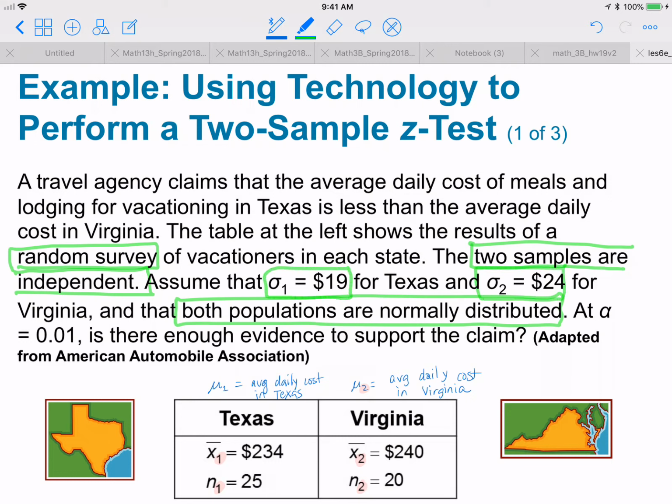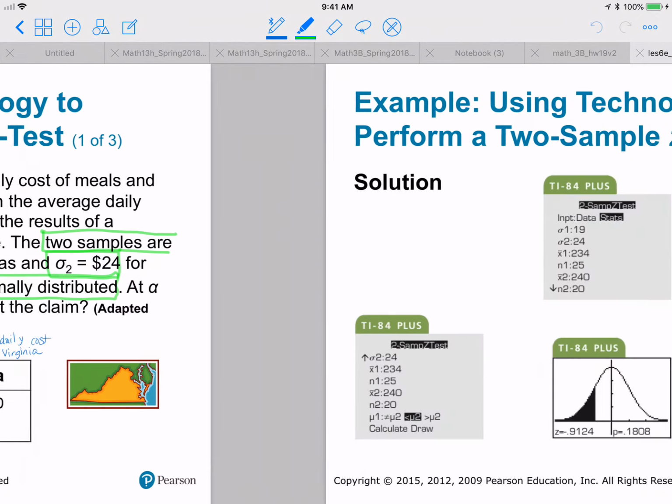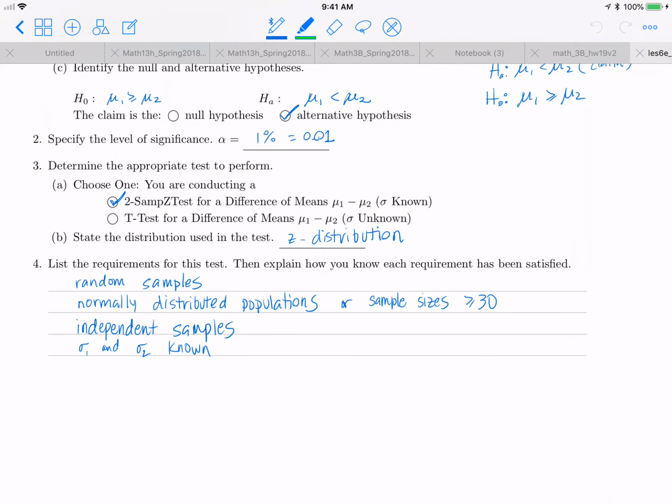That's the last thing. Okay. So, all of these are stated in the word problem. And then just to indicate that this is the one we're using, we'll highlight that we're doing normally distributed populations.